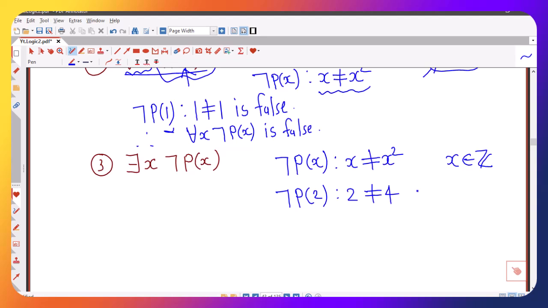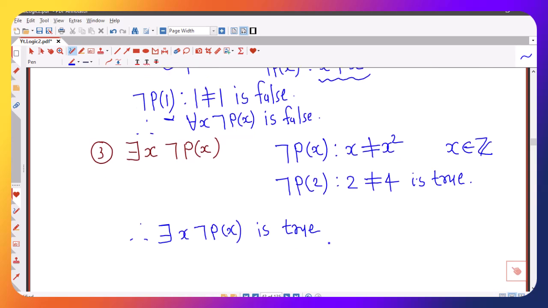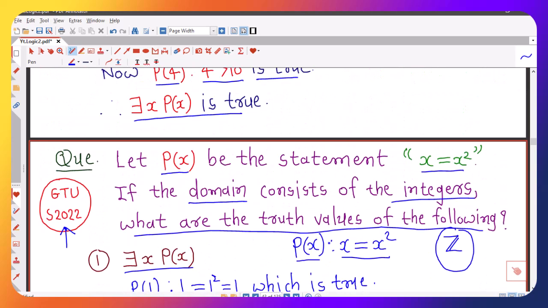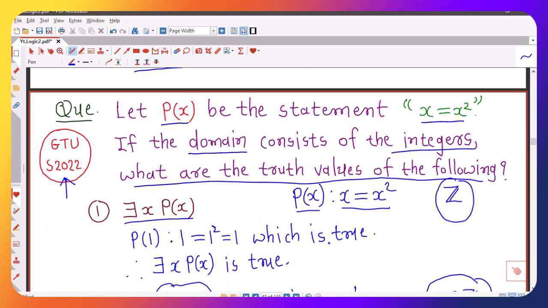So this is true for x equal to 2. Negation of p(x) is true. Therefore this quantification, there exists x such that negation p(x), is also true. This is true. So in this way we can determine the truth values of universal quantification or existential quantification.